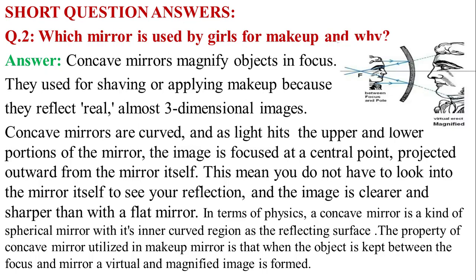In terms of physics, a concave mirror is a kind of spherical mirror whose inner curve is the reflecting surface. So the property of the concave mirror utilized in a makeup mirror is that when the object is kept between the focus and the mirror, a virtual and magnified image is formed.